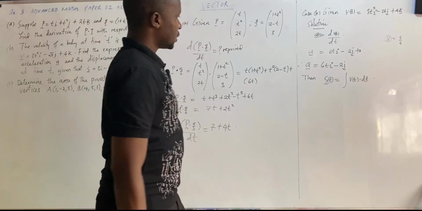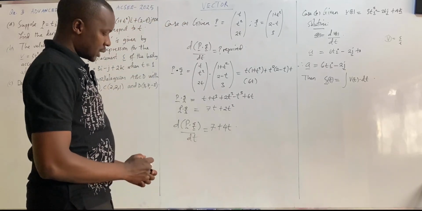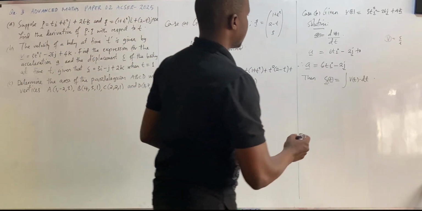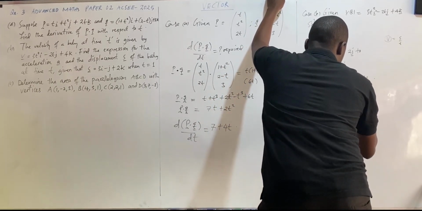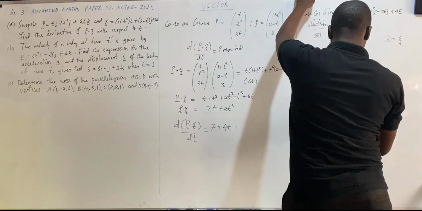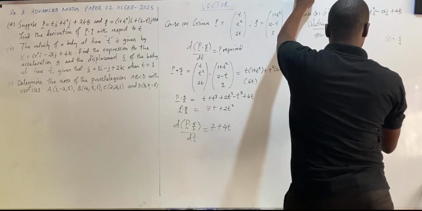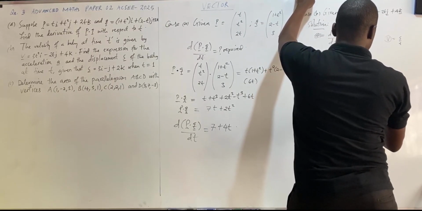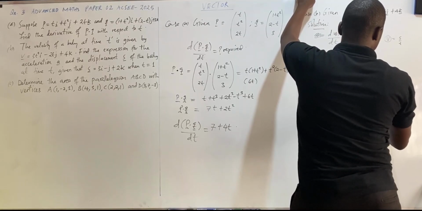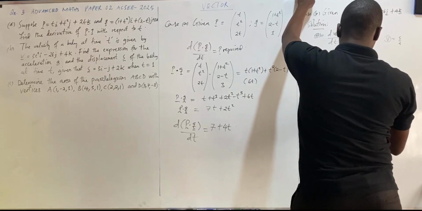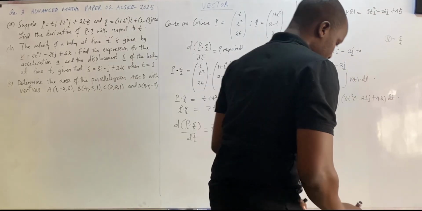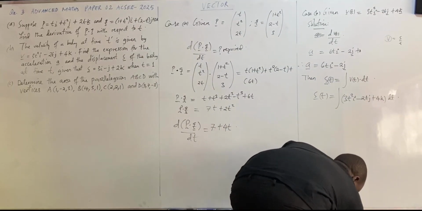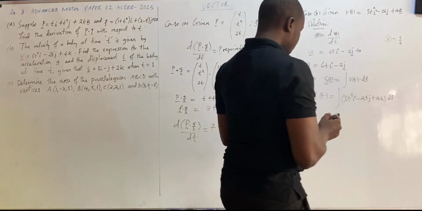So this displacement function equals the integral of 3t squared i minus 2t j plus 4k with respect to t. Now we're just integrating.